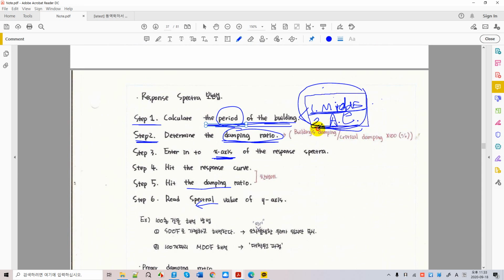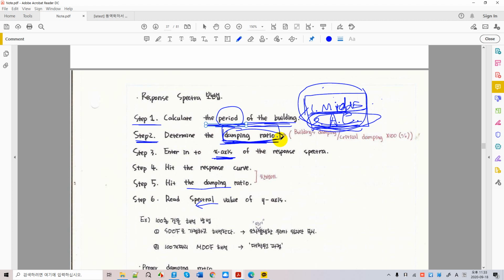We have a lot of approximate equations here, but I gave you one of them, which is 0.1N for steel buildings. And you determine the damping ratio. For damping ratio, you need to talk to somebody who knows damping, because damping ratio is not really calculated. It's just selected as appropriate to your building.